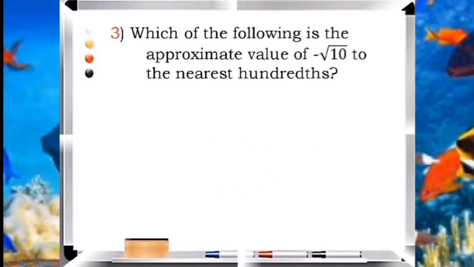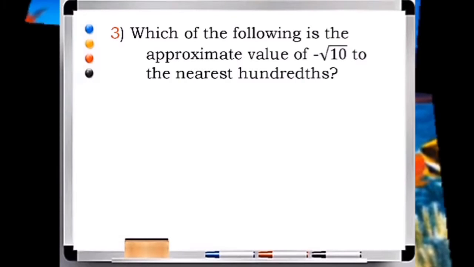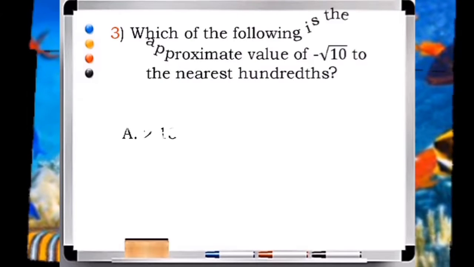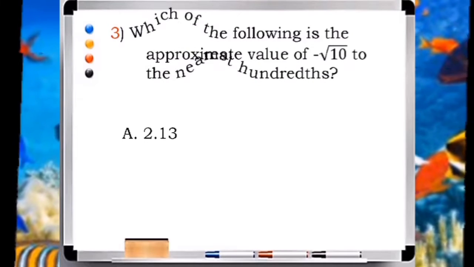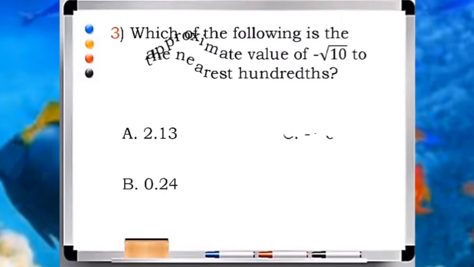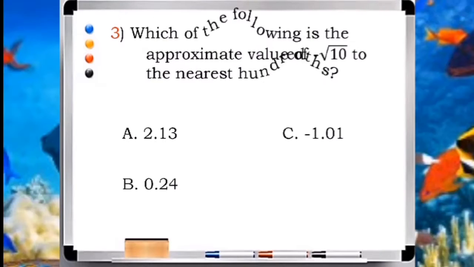Let's solve number 3. Which of the following is the approximate value of negative square root of 10 to the nearest hundredths? Letter A, 2 13 hundredths. Letter B, 24 hundredths. Letter C, -1 1 hundredths.